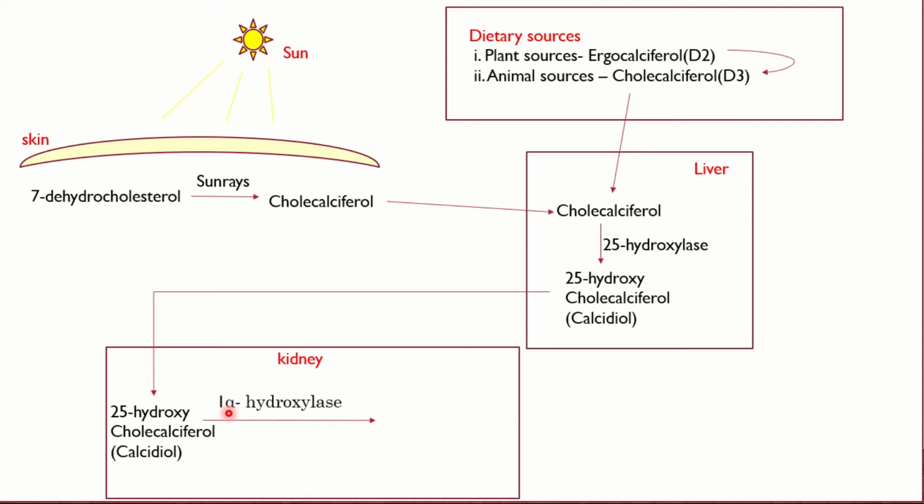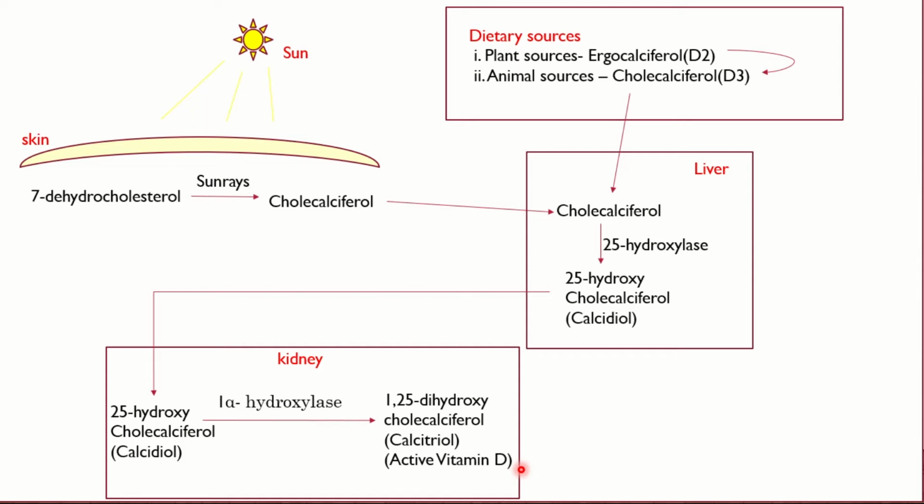So now the new compound is 1,25-dihydroxy cholecalciferol, also known as calcitriol because there are now 3 hydroxy groups: one at carbon number 1, another at carbon number 25, and another inside the cholecalciferol. This is the final product, the active vitamin D. This is what does all the functions of vitamin D.